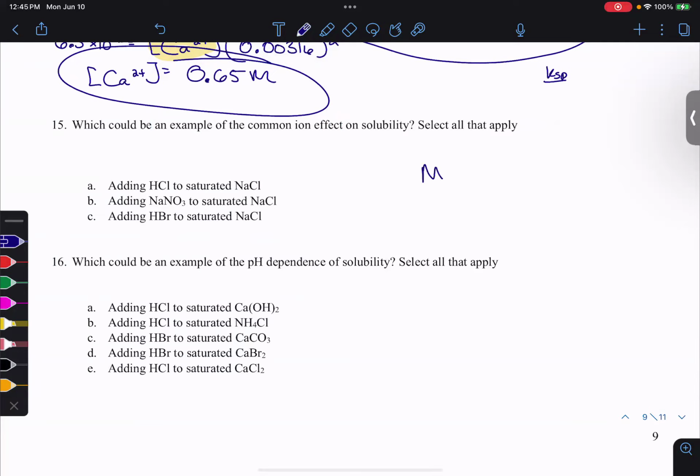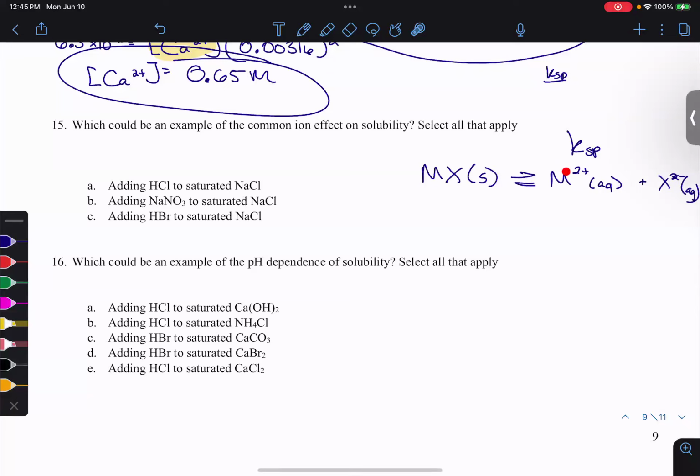Because if we just think of a generic KSP expression, M2+ aqueous plus X2- aqueous. So this is a KSP expression that if you put MX in pure water, only a set amount of ions are produced based upon the value of KSP. We can affect solubility, the extent of how much solid is produced, if we do a couple things.